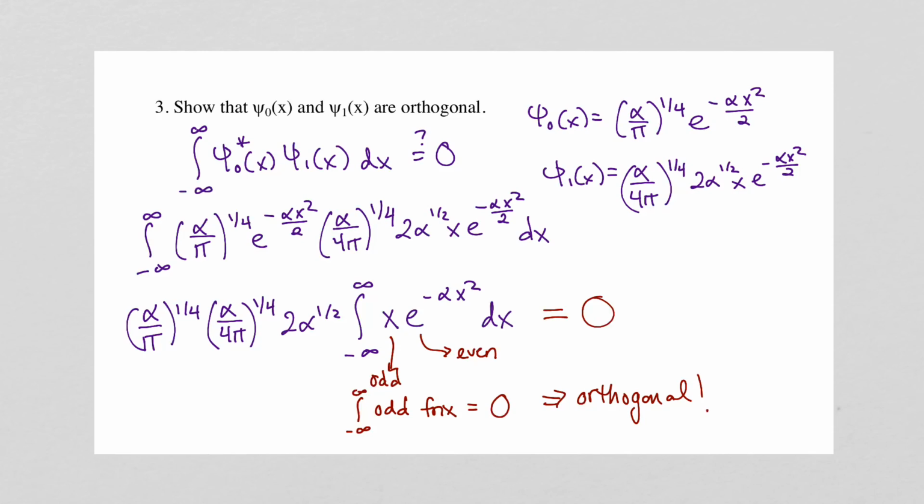So hopefully this has been helpful in getting you acquainted with working with our harmonic oscillator wave functions. The key there is remembering your even term functions, so 0, 2, 4, 6.